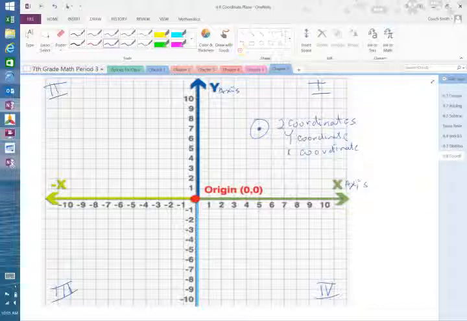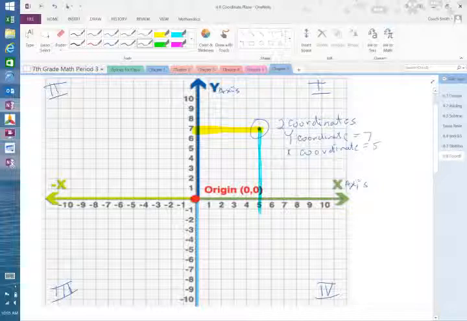So as we look at this right here, the dot crosses the y-axis at positive 7. So the y-coordinate is equal to 7. Where it crosses the x-axis is right there, and it crosses the x-axis at 5. Okay, so those are the 2 coordinates.